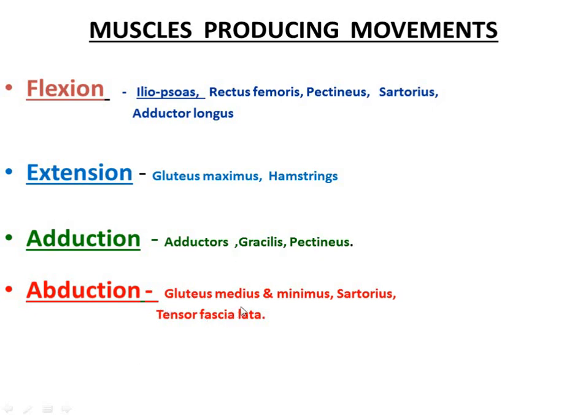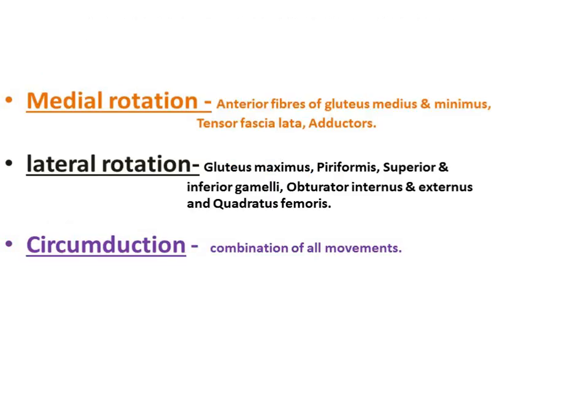Abduction is by gluteus medius, minimus, tensor fascia lata, and sartorius. Medial rotation of the hip joint is by the anterior fibers of gluteus medius and minimus, the tensor fascia lata, and to some extent the adductors.